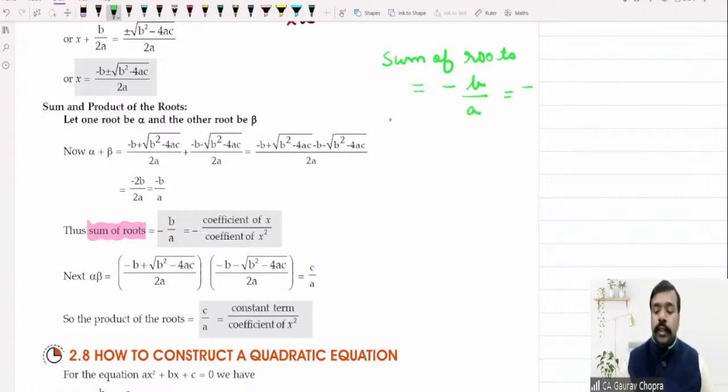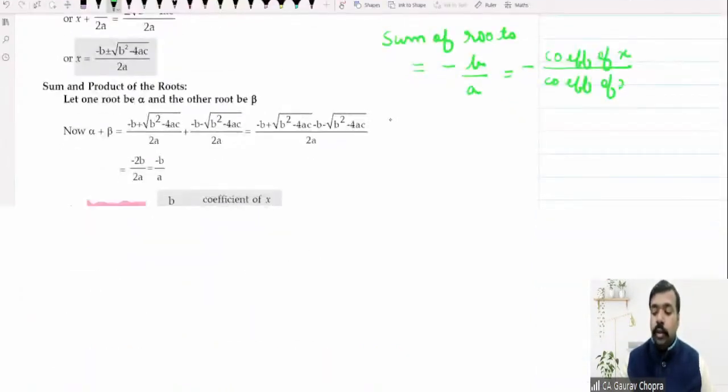Now what is this b? b means the coefficient of x, and a means the coefficient of x square. So in this manner we can calculate the sum of roots: minus b by a, that is minus coefficient of x divided by coefficient of x square.